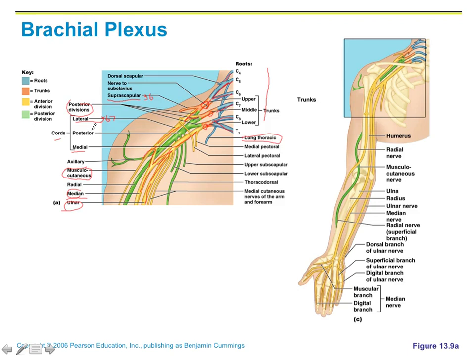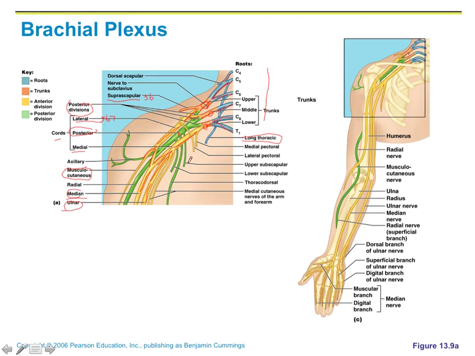Because the posterior division unites with the branches from the anterior divisions, it forms the posterior cord.